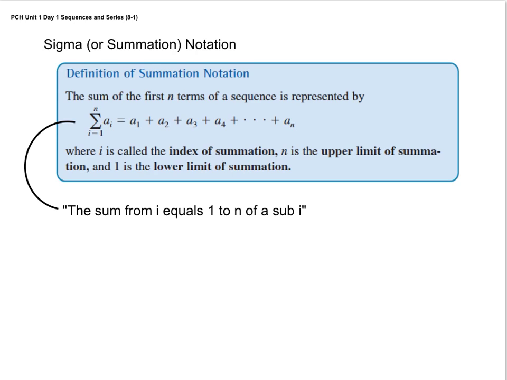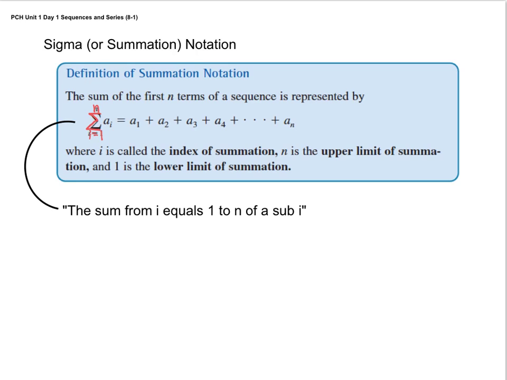Now, to read this, you can see here I have how I have this labeled. The sigma stands for the sum from i equals 1 to n. So notice you put a starting point at the bottom.